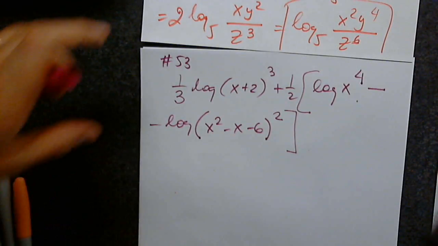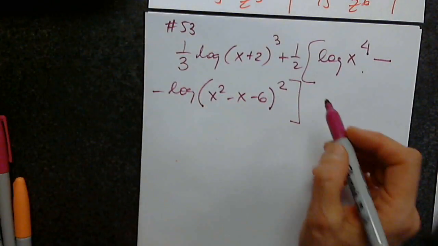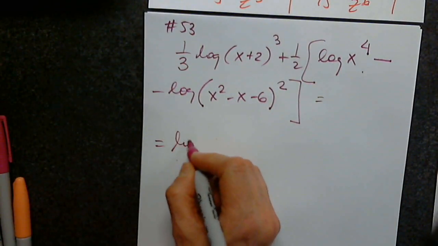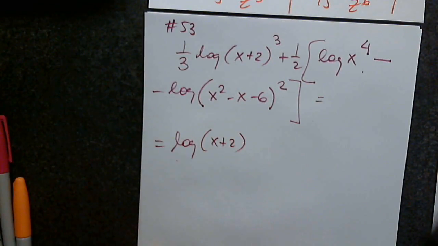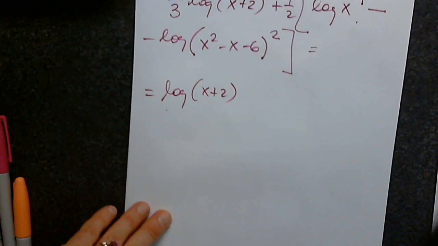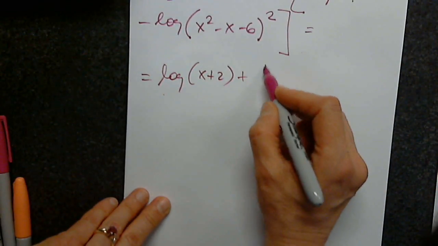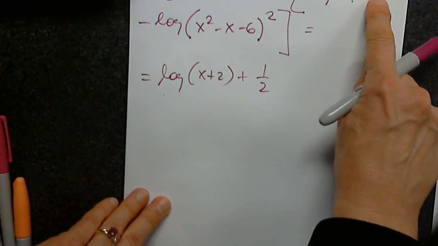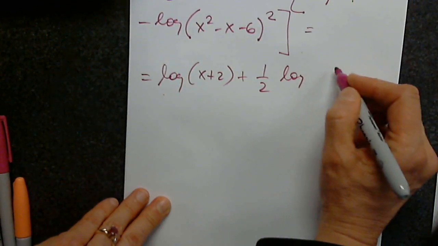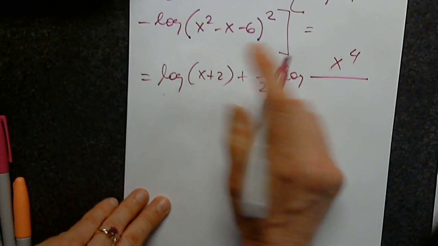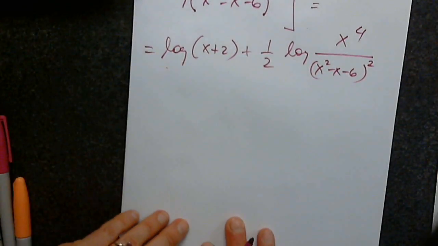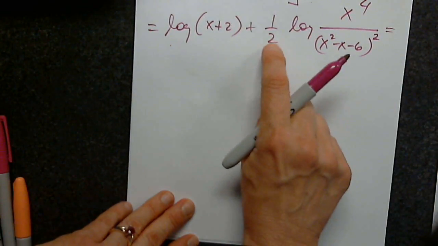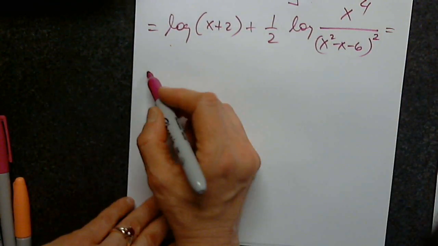Okay? So here's what I would have done. Log 1/3 times 3 is 1. Plus 1/2 can stay. This is minus in front. So I have log x to the 4th over x squared minus x minus 6 squared. Then I have to apply the square root here.